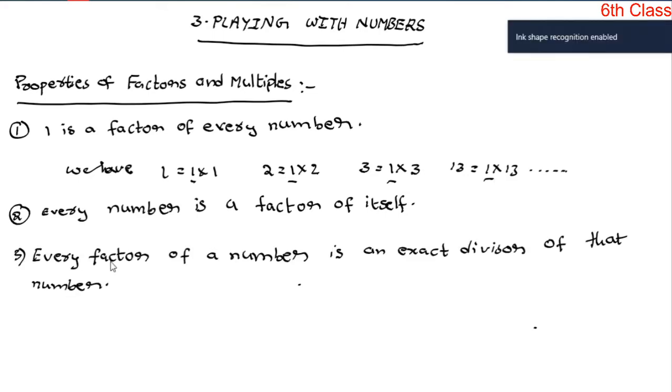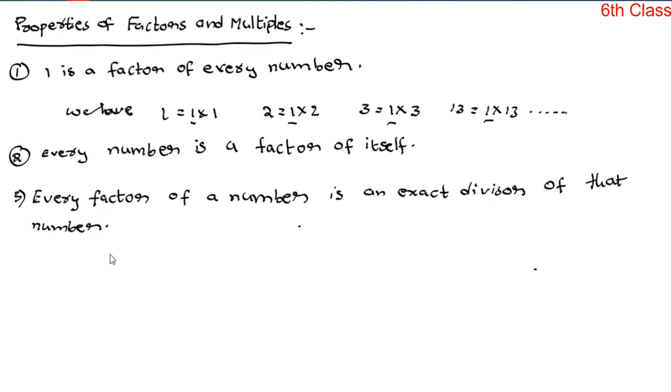Third property: every factor of a number is an exact divisor of that number. I explain this property with one example. For example, write the factors of 12.